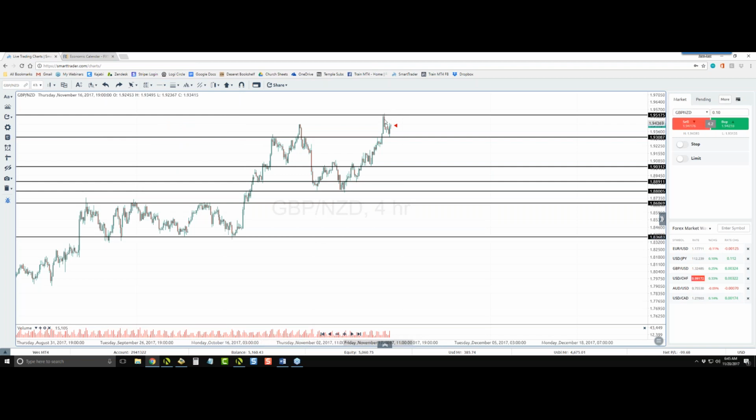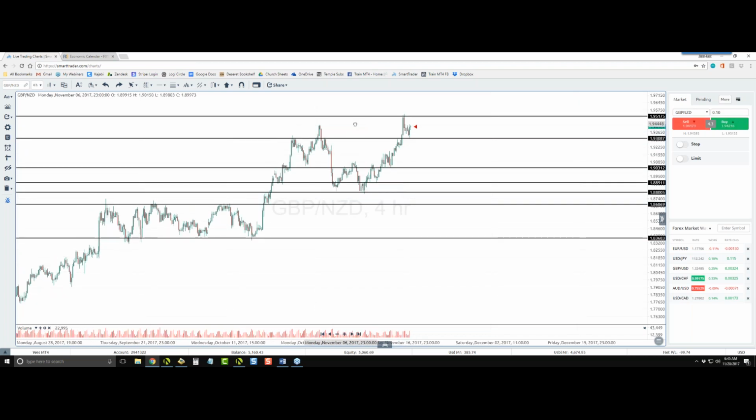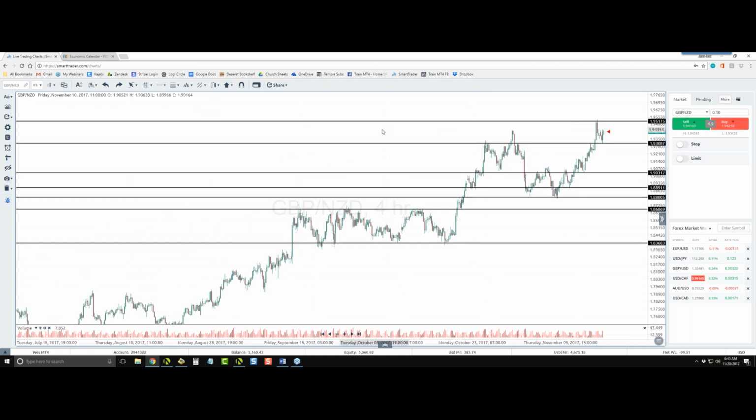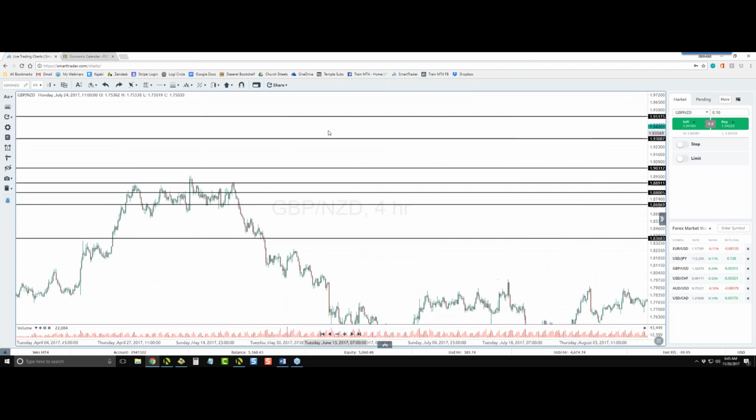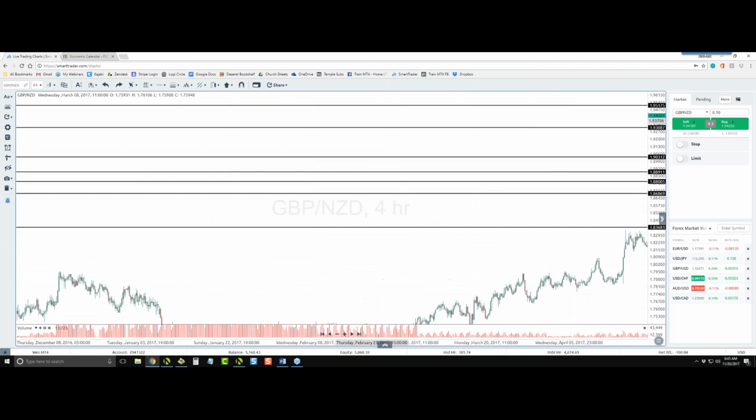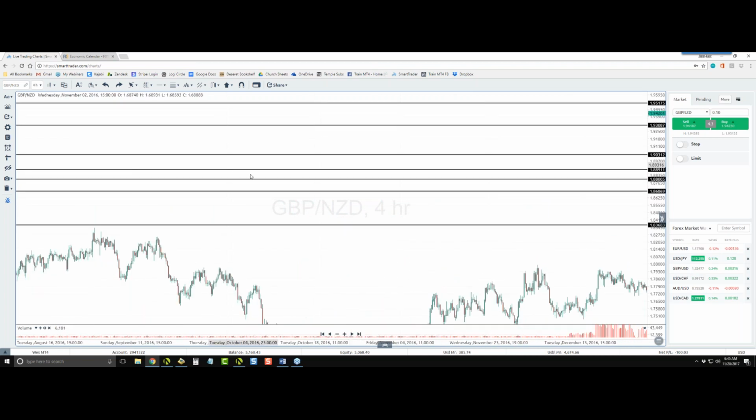If we go above this resistance line right here, then we would need another resistance line, because now we're in a territory that's unknown. And so trying to find another resistance line, I don't even know if there is one.